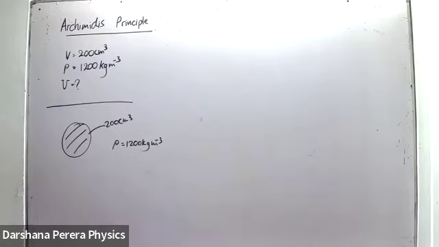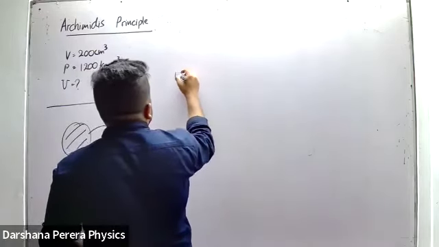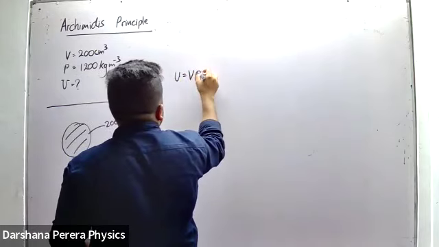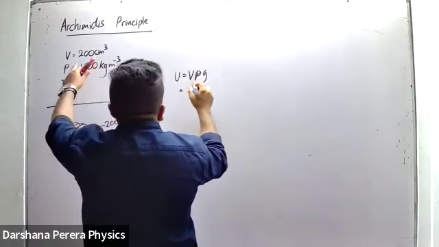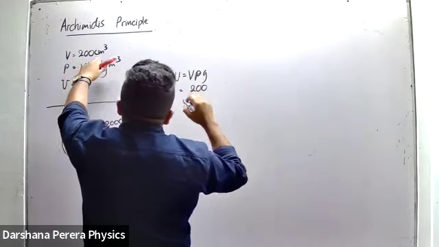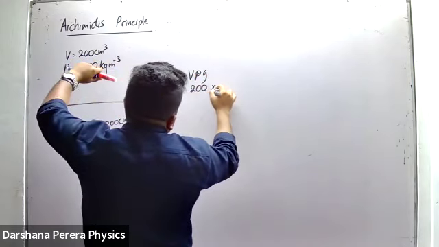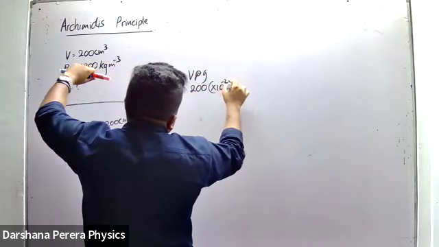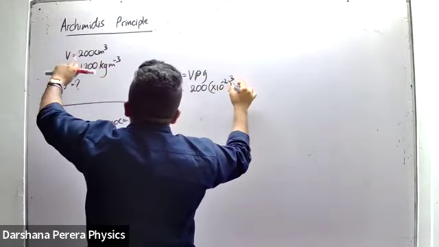Okay, what is the answer? Give me the answer. Yes. U equals V rho g. We mean the 200 centimeter cube. That means 10 to the power minus 6 to convert to meter cube.